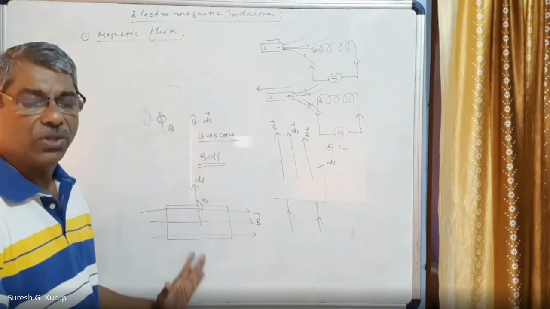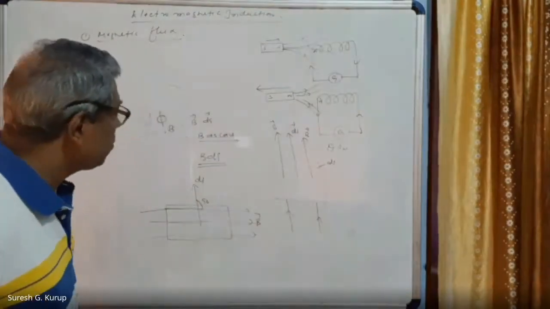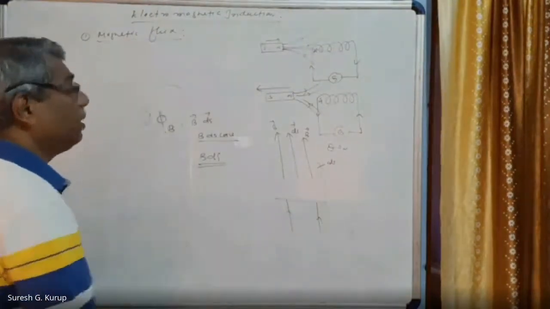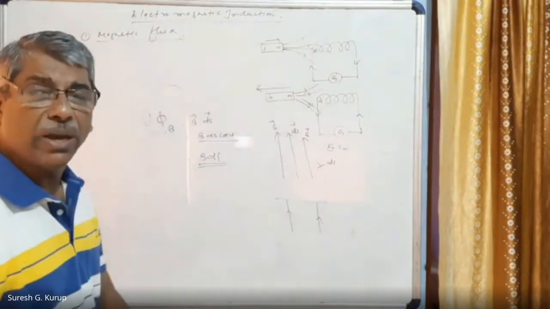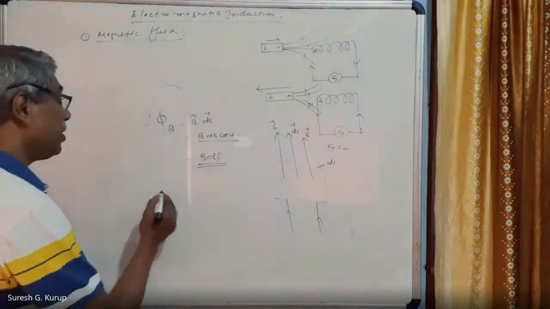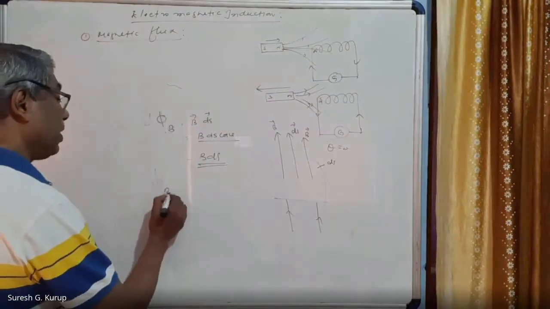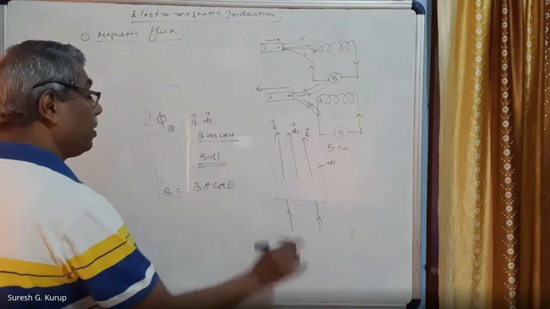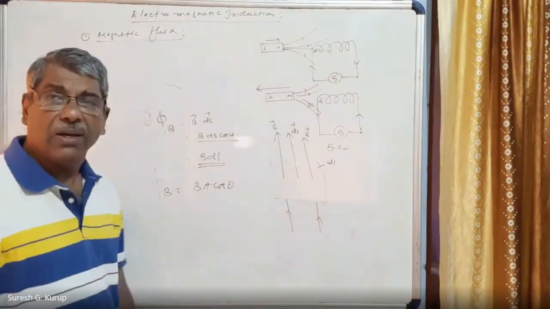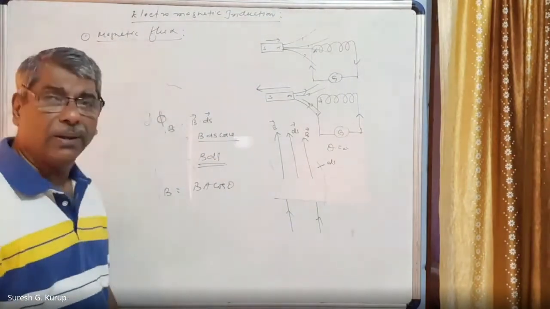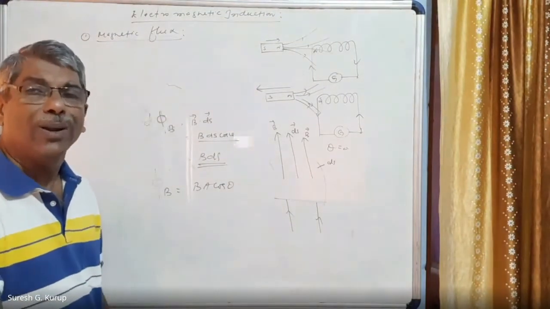So these are the things about flux, right? If a very big area A, a large area, is placed in a magnetic field of intensity B, then the total flux through that large area is given by phi B is equal to BA cos theta. In place of area, you can keep a coil also.